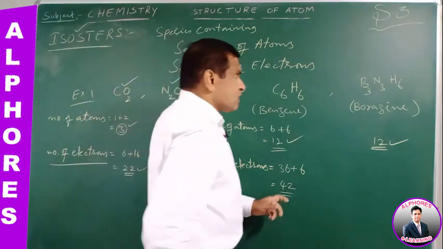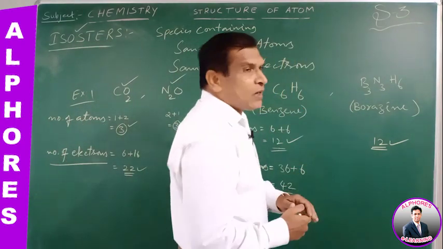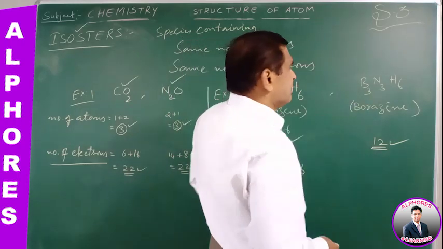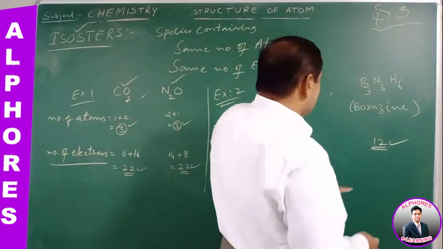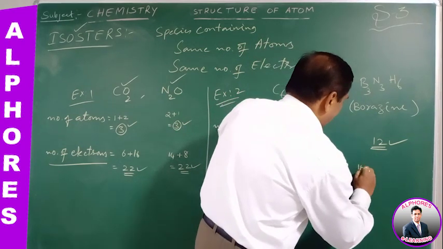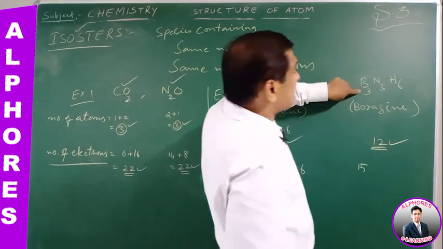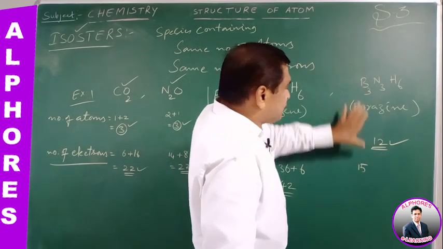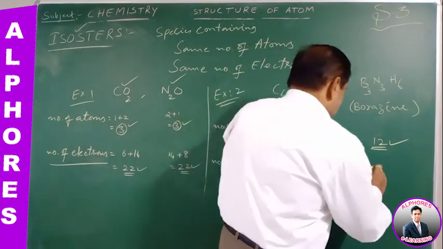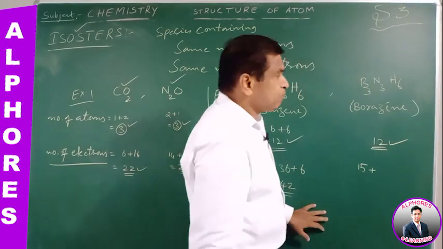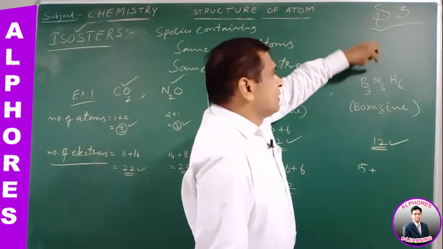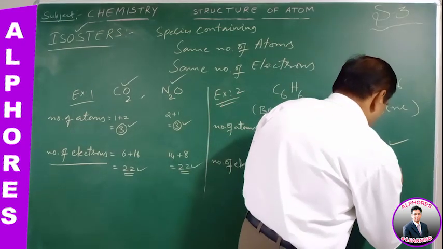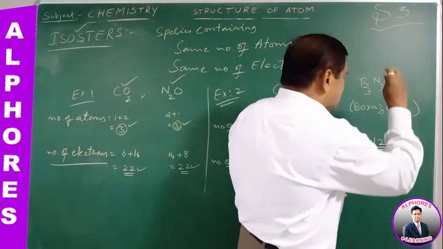Let us work out this borazine. Boron atomic number is 5, and 3 boron atoms are present, so 5 threes are 15 electrons of boron, plus nitrogen atomic number is 7 and 3 nitrogen atoms are there, so 7 threes are 21 electrons of nitrogen, plus hydrogen 6 electrons.